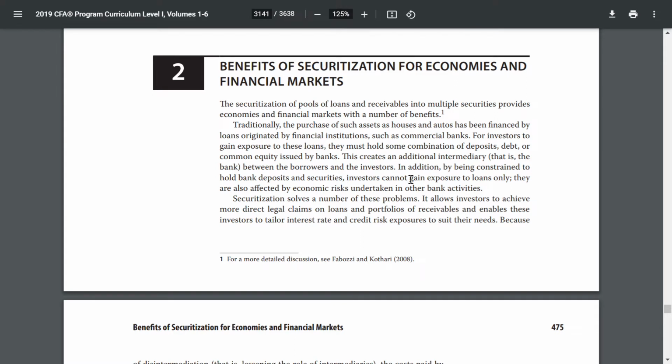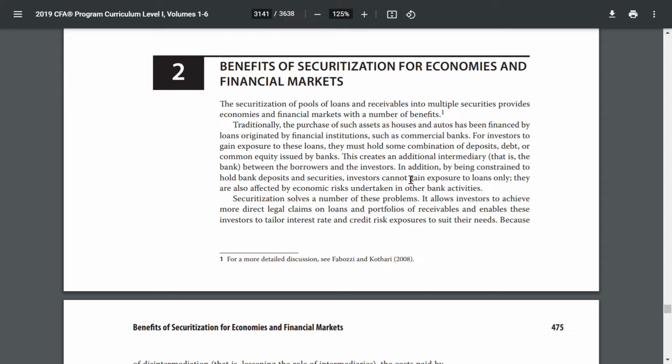Benefits of securitization for economies and financial markets. The securitization of pools of loans and receivables into multiple securities provides economies and financial markets with a number of benefits. Traditionally, the purchase of such assets as houses and autos has been financed by loans generated by financial institutions such as commercial banks. For investors to gain exposure to these loans, they must hold some combination of deposits, debt, or common equity issued by banks.